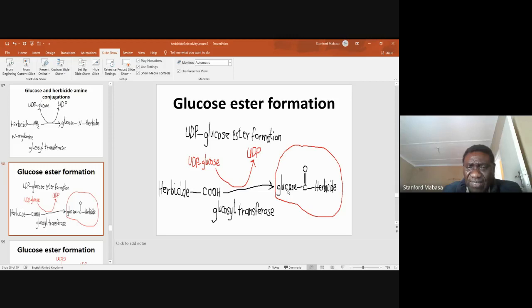Now glucose is added to this part, and it has this carbon which is attached to oxygen, and this is done via glycosyl transferase. So this is no longer an active herbicide. It's now fixed.